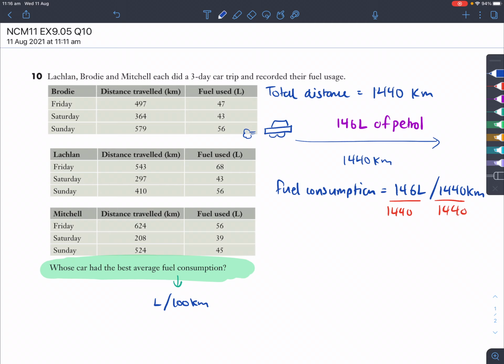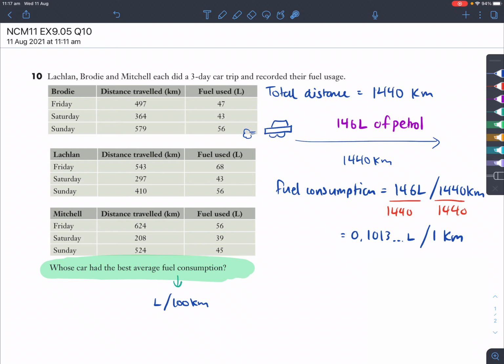If we do this, we get some number here which is like 0.1013... And if you divide this side by 1,440, well, that would be per 1 kilometer. So you'll be using this amount of liters for 1 kilometer.